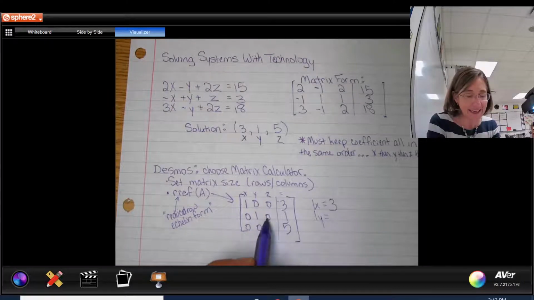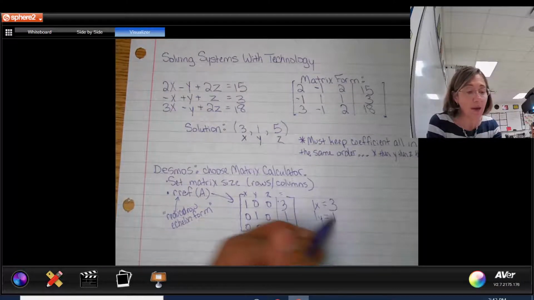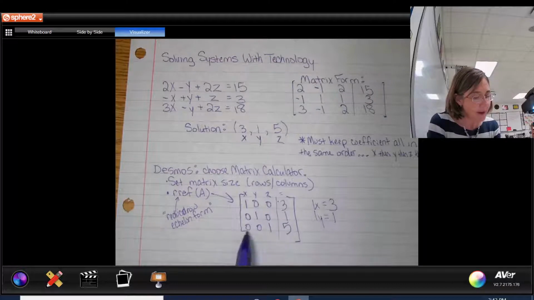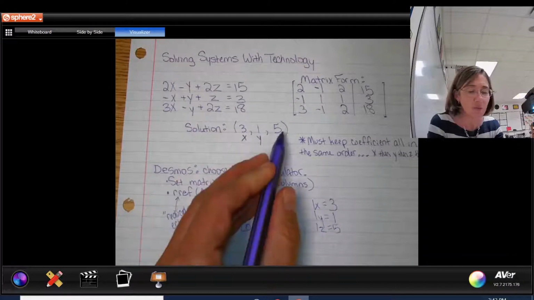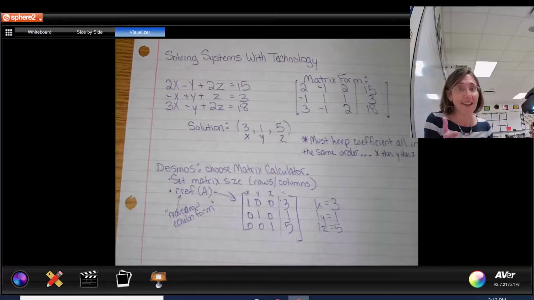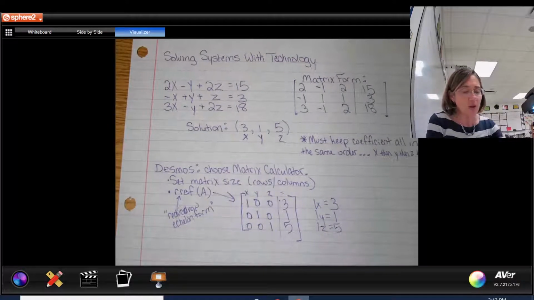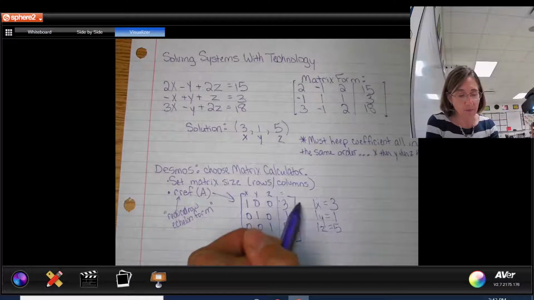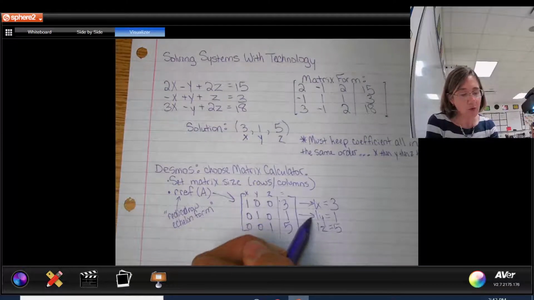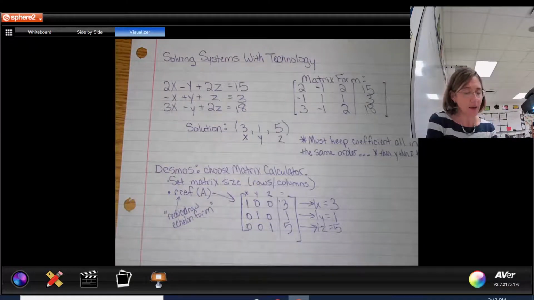I don't have any z's, and that equals 1. Okay, yep, that makes sense. In this last row here, I don't have any x's, I don't have any y's, but I do have a z. So 1z is equaling 5, which also matches our solution. So that's good that the technology got the problem right. So that's how you interpret what you get from reduced row echelon form. So that's what each of those rows is telling you.